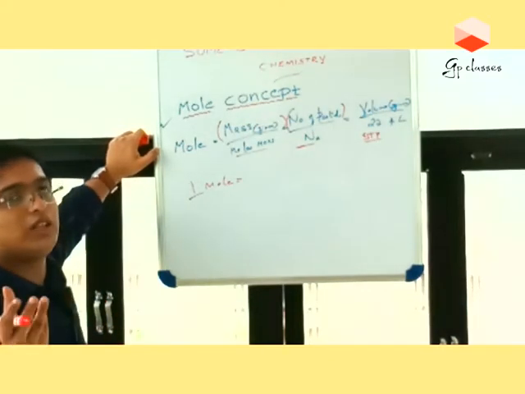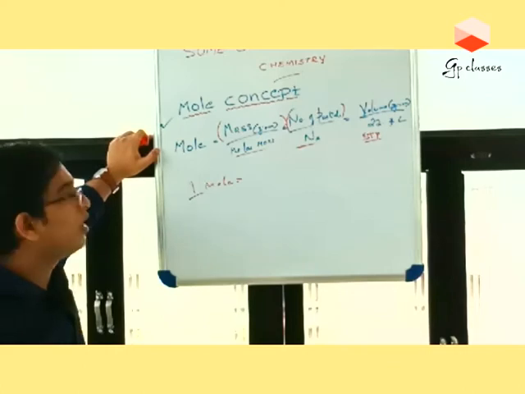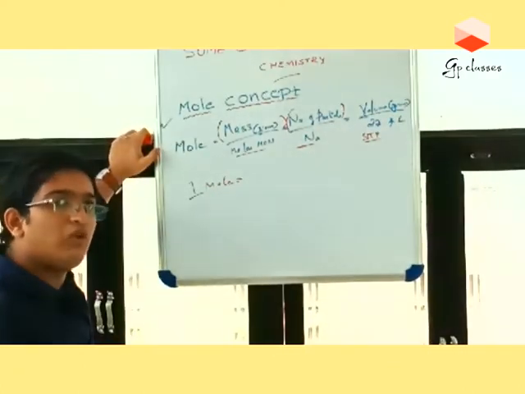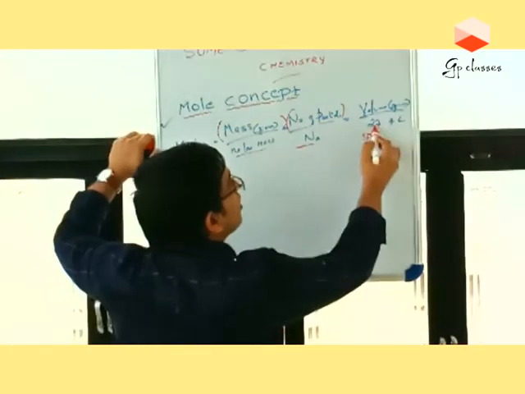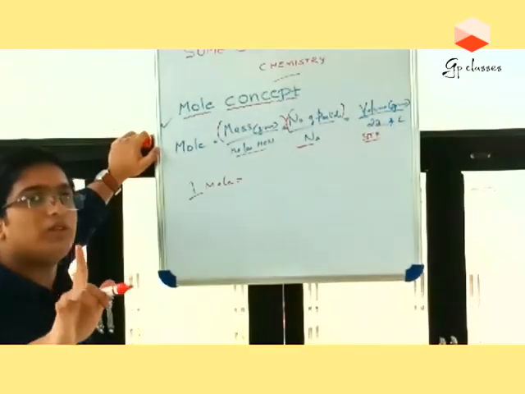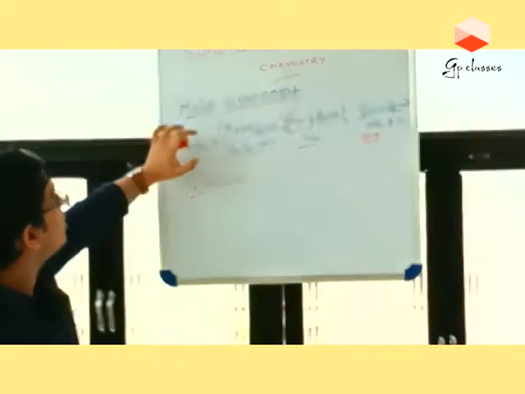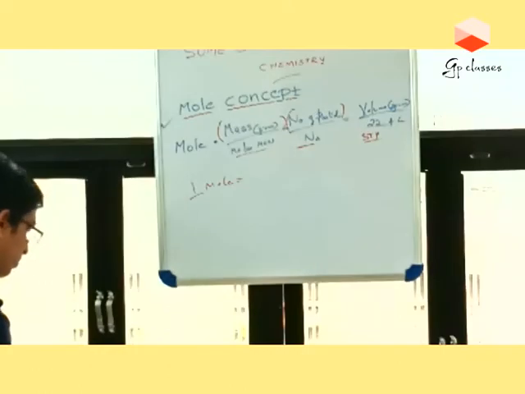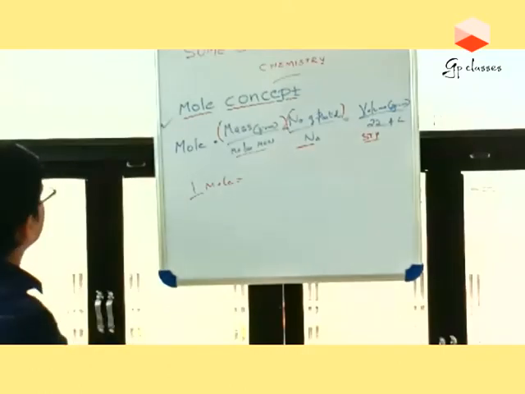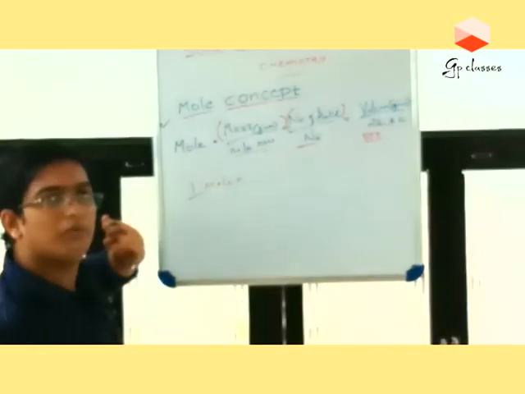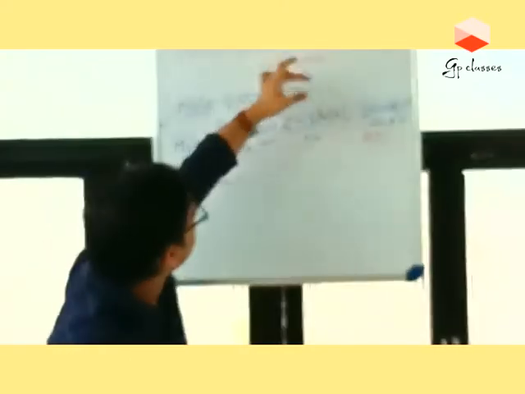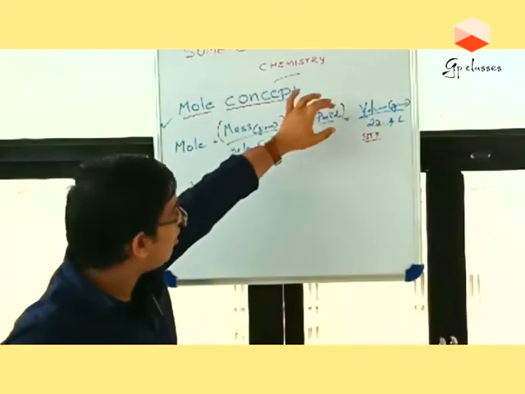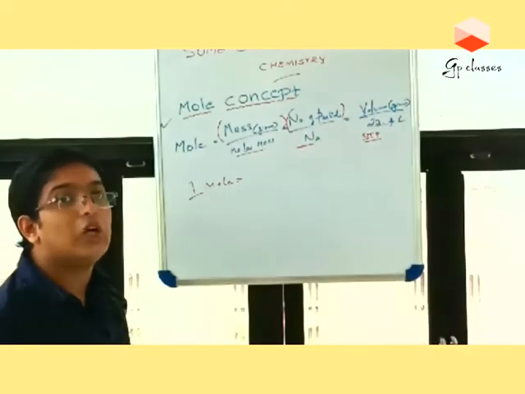Or if the volume you are observing after the reaction is 22.4 liters, you can say 1 mole of substance. So mole is mass by molar mass, or number of particles by Avogadro number, or given volume by 22.4 liters.